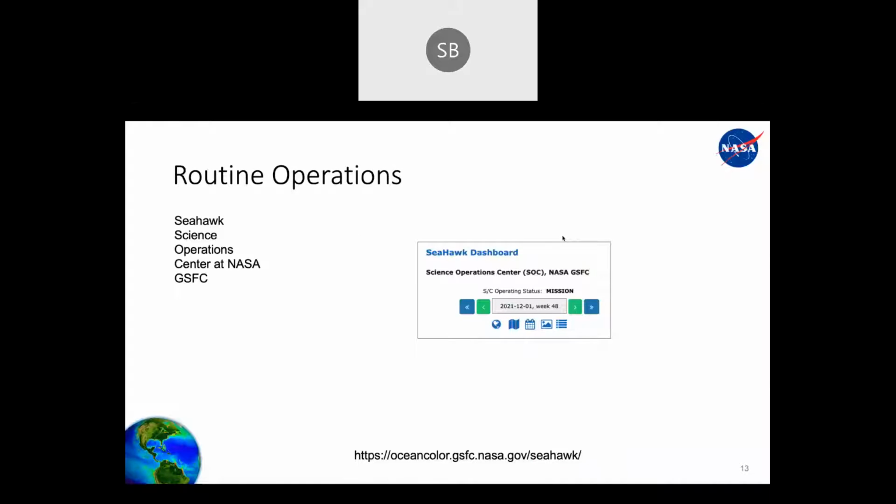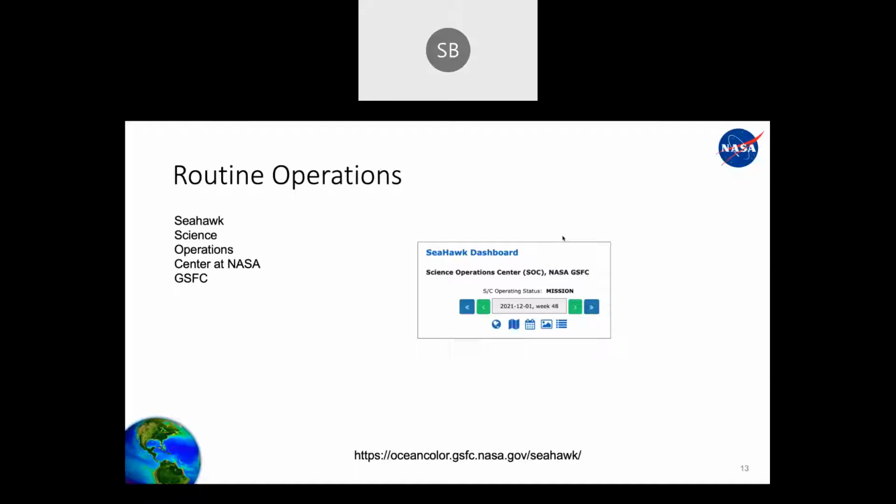We also have a Science Operations Center here at NASA Goddard, linked from our website here at the Ocean Color website, oceancolor.gsfc.nasa.gov/SeaHawk, which provides you a dashboard. From this, you can keep track of our daily operations here at the Science Operations Center.